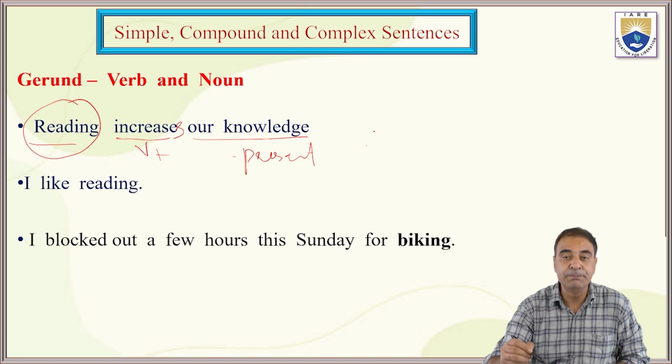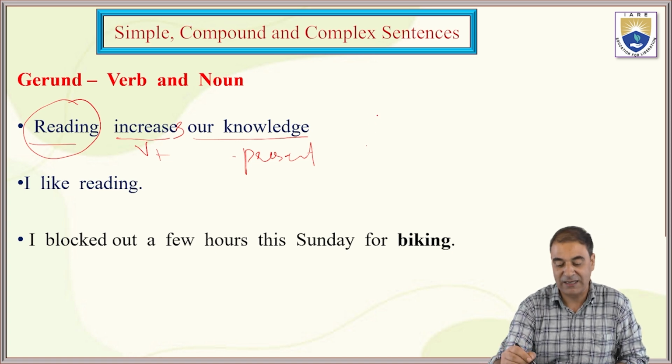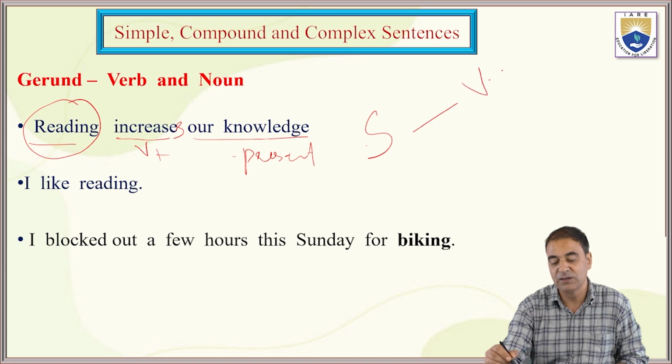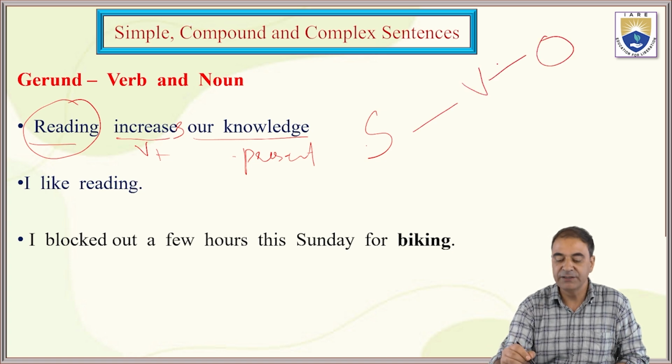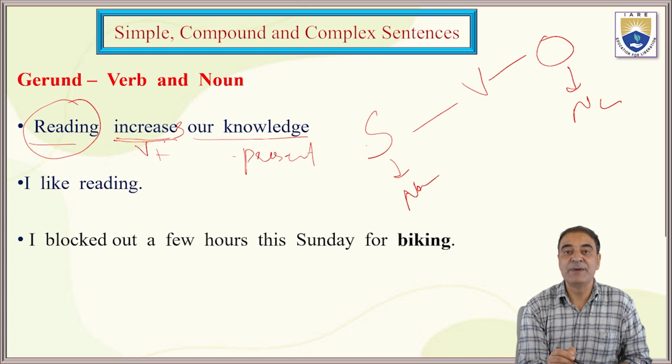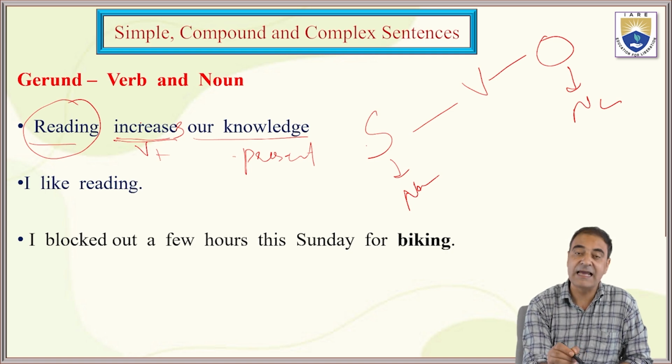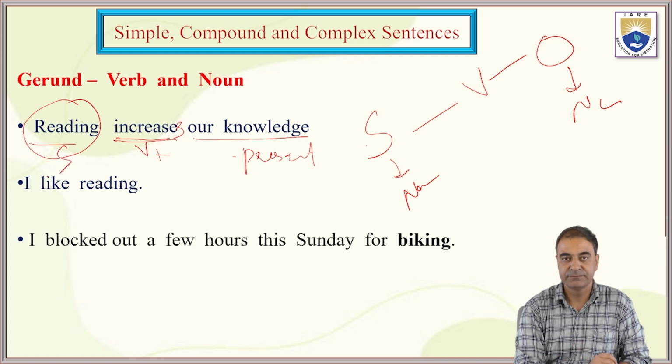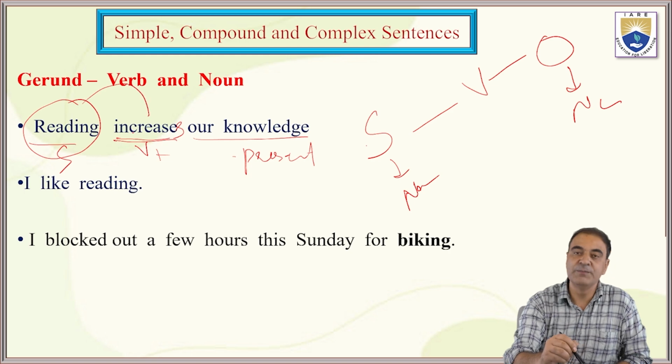The basic syntax in English language, or the sentence syntax, is subject followed by verb followed by object. And we know the nature of subject is noun and the nature of object is again a noun. Now see, here increases is the main verb. And this reading acts as a subject of the main verb.